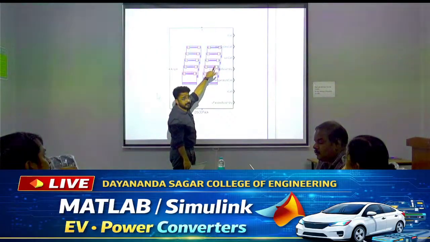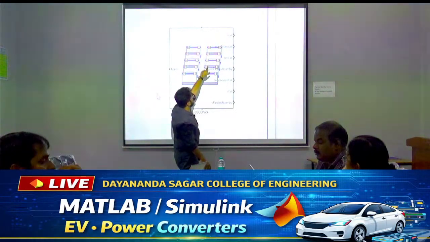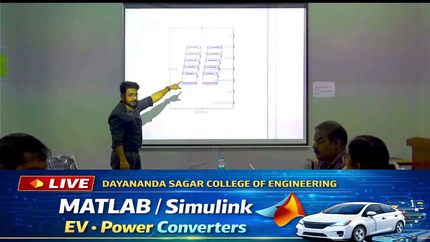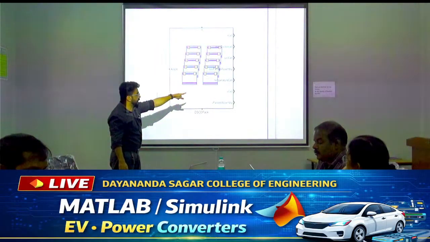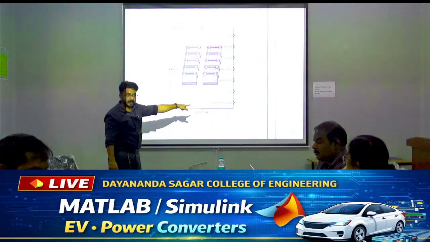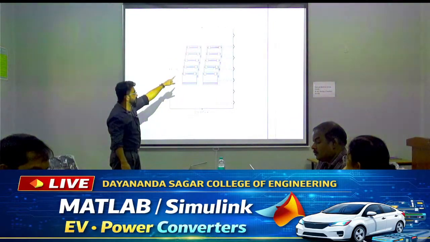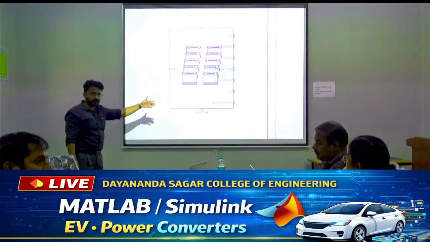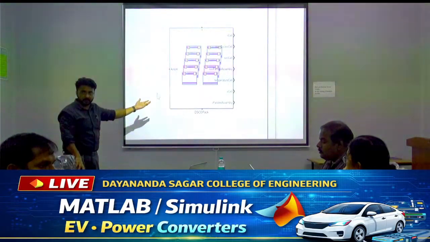One is the current of individual cell, then the number of cycles of each cell, state of charge of the cell, then state of charge of battery assembly module, temperature, voltage, and voltage of the battery assembly. If you want to measure these parameters, you can use a scope block or display block to do initial level of study.